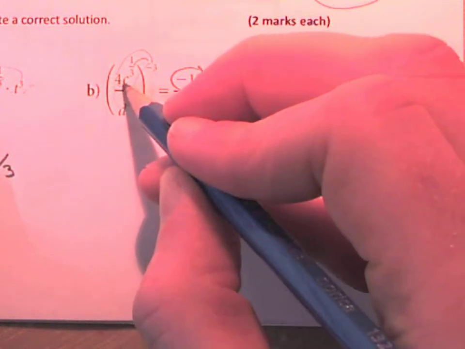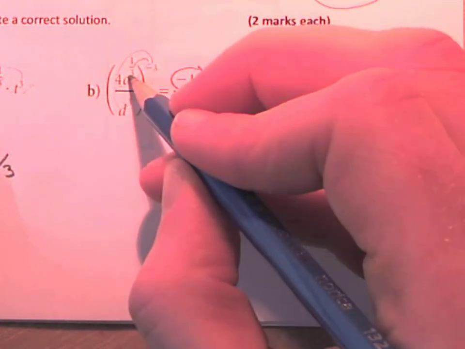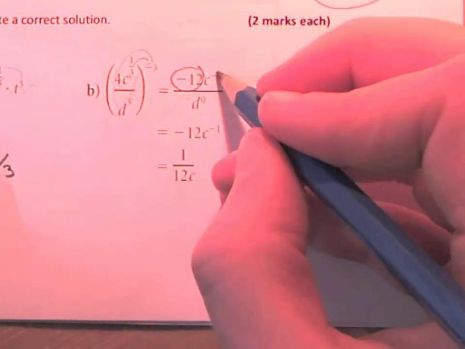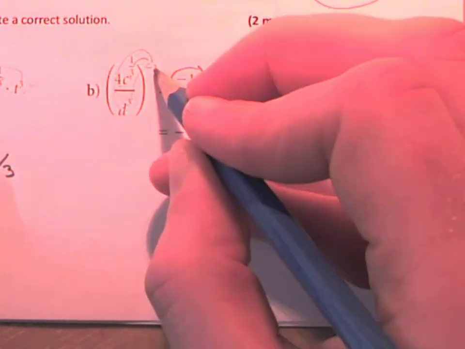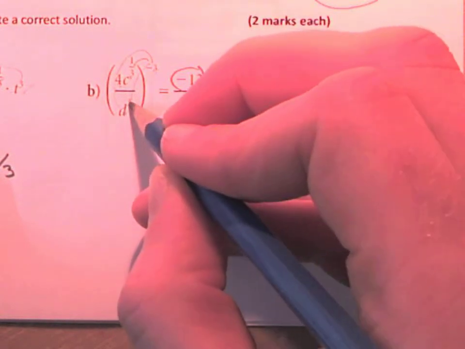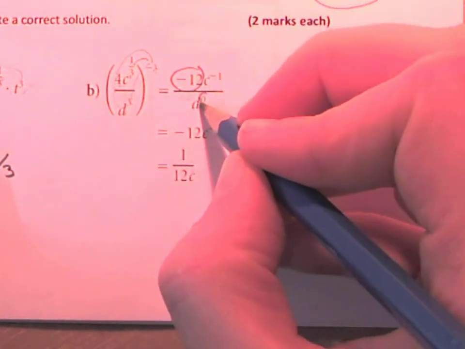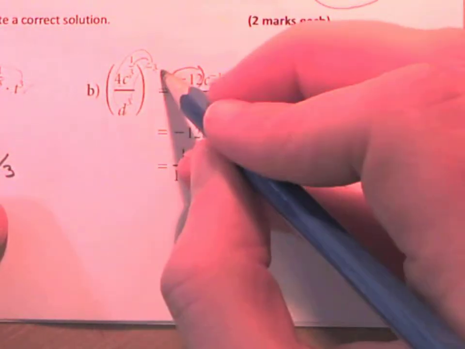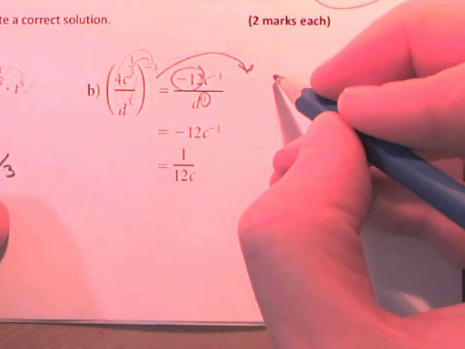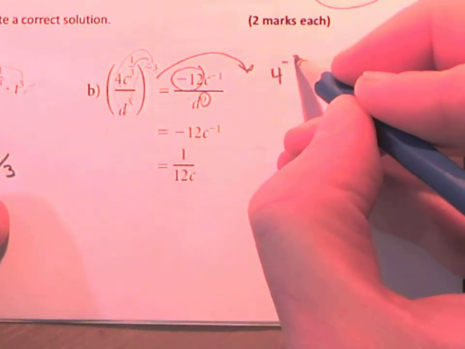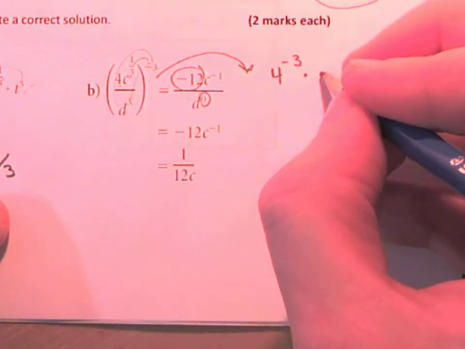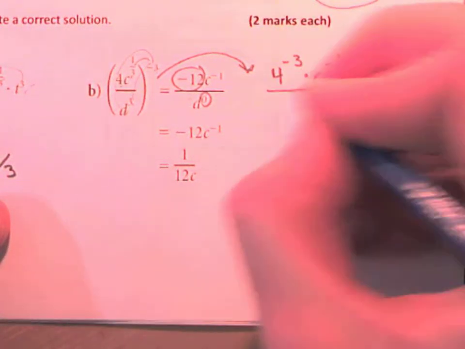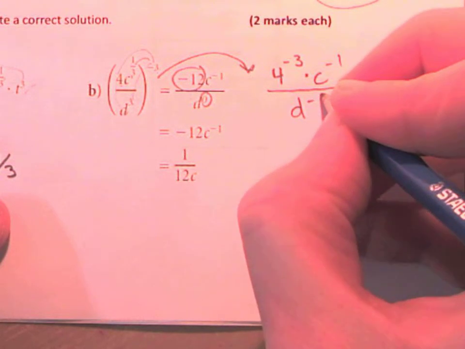Let's see. Negative 3 times 1/3 is negative 3 over 3, which is negative 1. That's right. And then negative 3 times 3 is negative 9. That's not right. Okay, so from here to here it should have gone 4 to the negative 3 times c to the negative 1, that was right, over d to the negative 9.